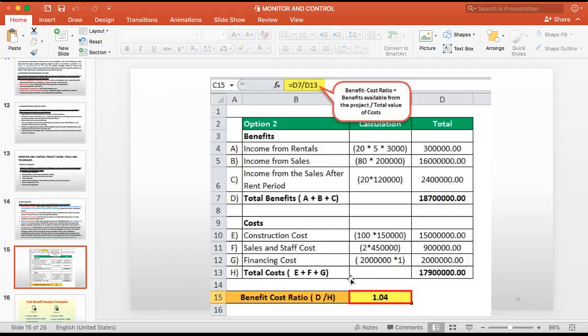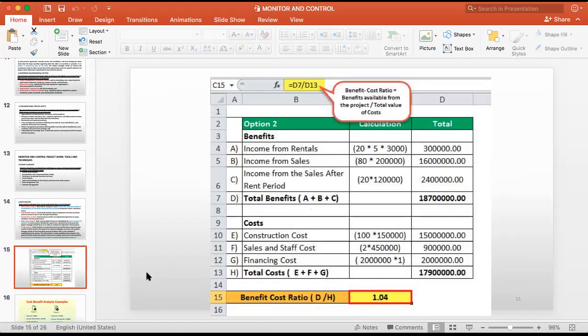So you compare this ratio with the other option. This is option 2, you compare with the other one, you divide D by H. That means your benefit is divided by cost, you get 1.4. That means benefit is more than the cost. If it is 0 point something like that, that means cost is more than the benefit. So cost benefit analysis is this one.